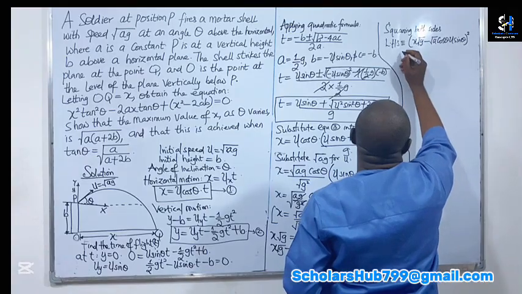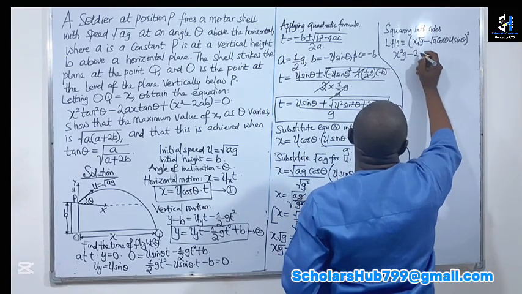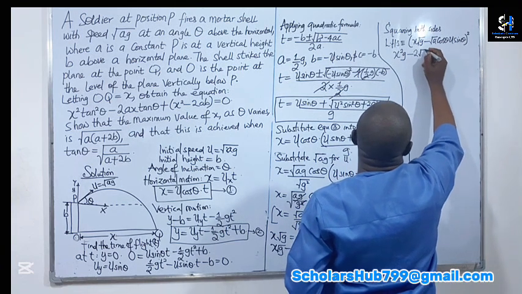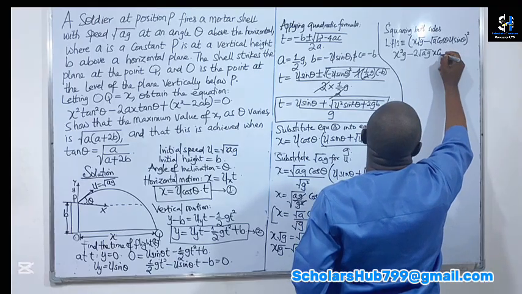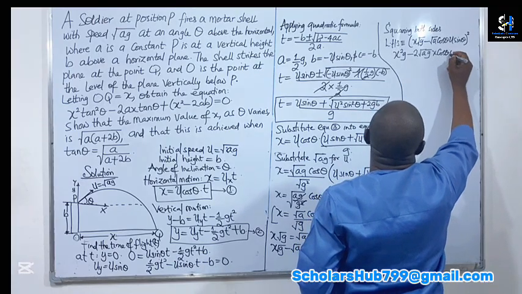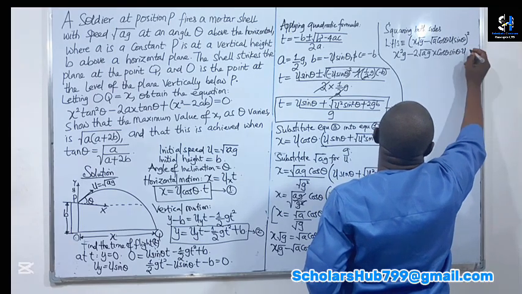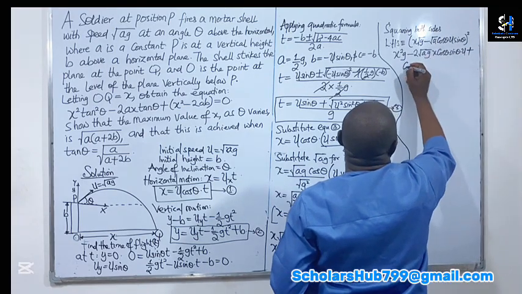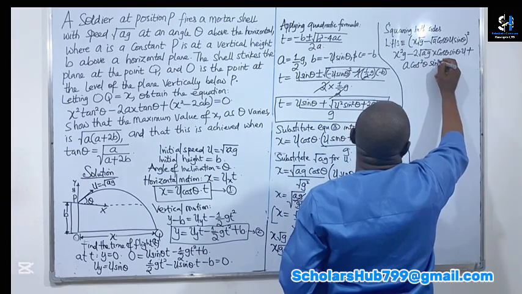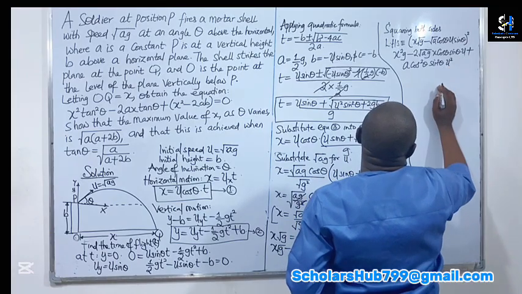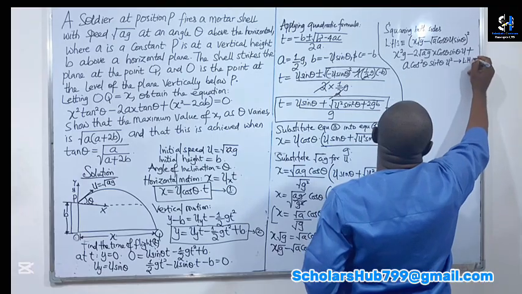So this will be x squared g minus 2 root ag times x cos theta sine theta multiplied by u. Then plus the square of this, that will be a cos squared theta sine squared theta u squared. Okay, so this is the left hand side.